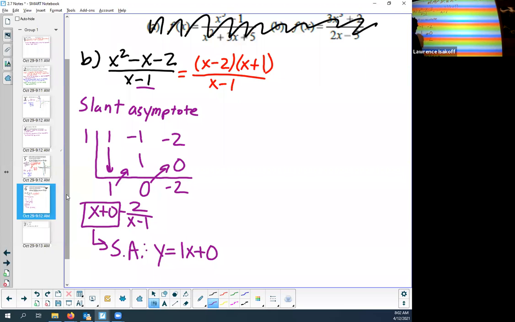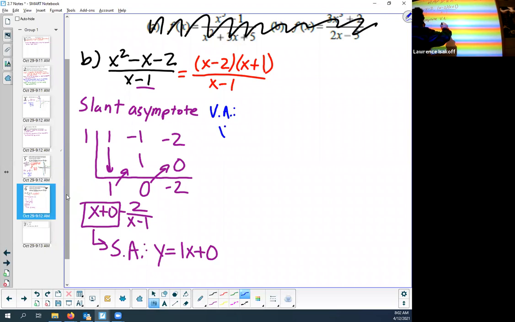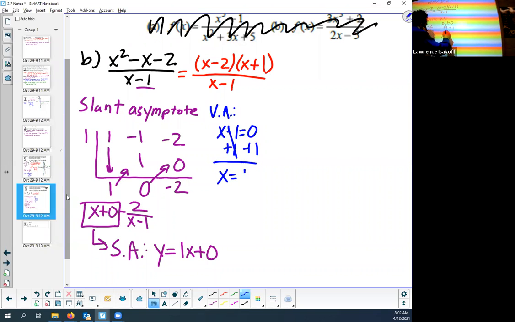Now I just need my vertical asymptote. So for my vertical asymptote, I still say, hey, x minus 1 equals 0, add 1, x equals a positive 1.